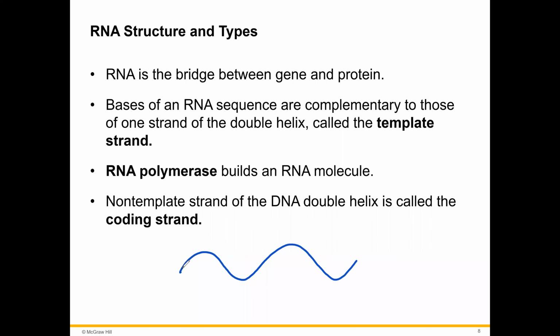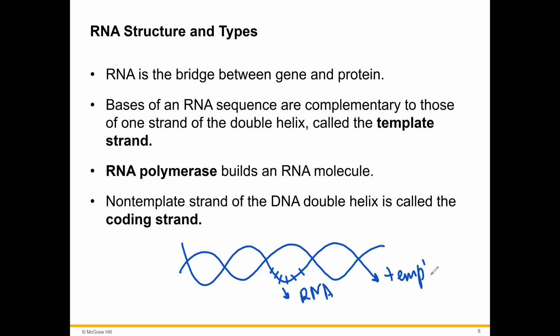So here's the DNA molecule that is made of two strands, and let's say one strand we will use to make RNA. This strand over here is called the template. Then the non-template strand will be called the coding strand.